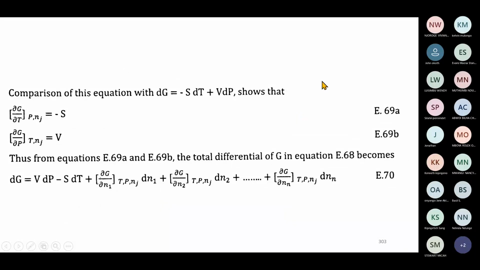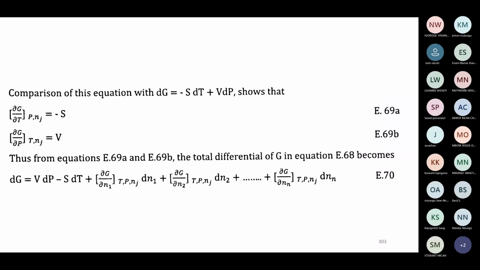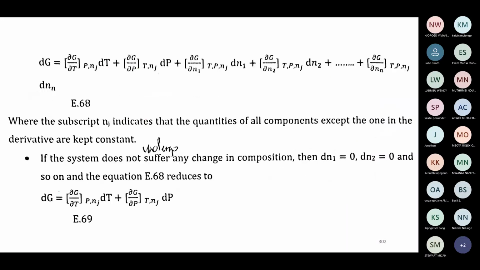So when you look at this, we can equate the terms in that particular expression, that is, the coefficients of these terms.